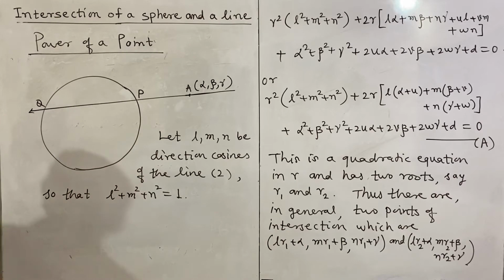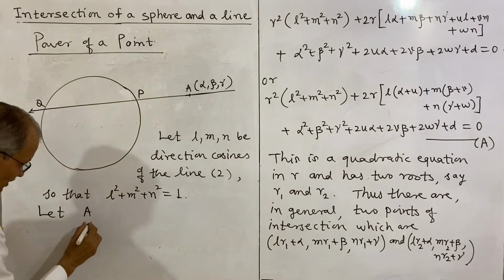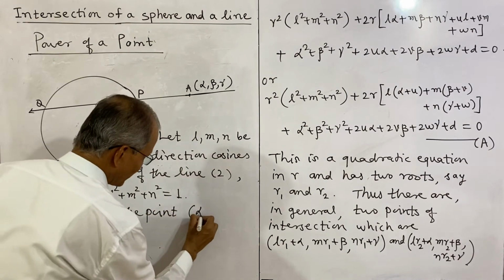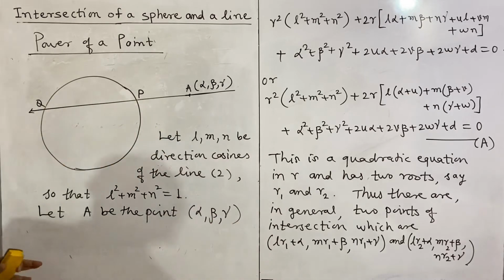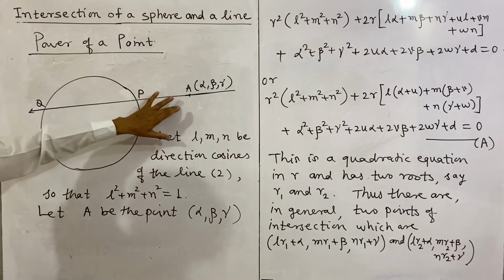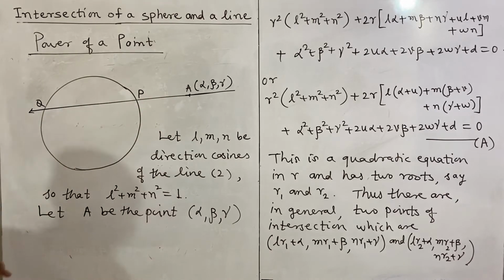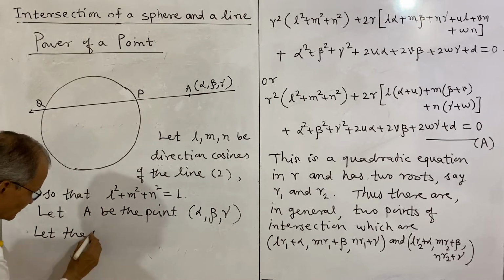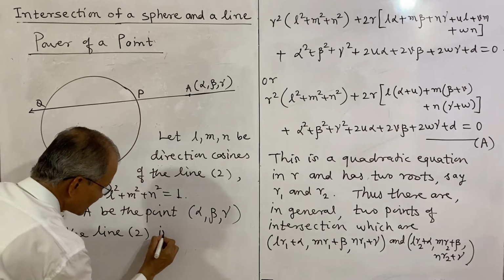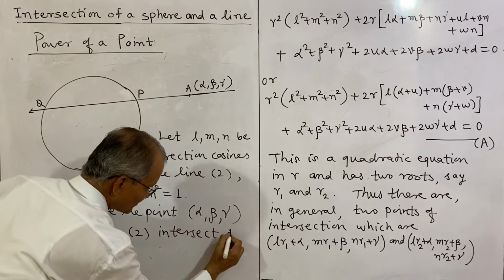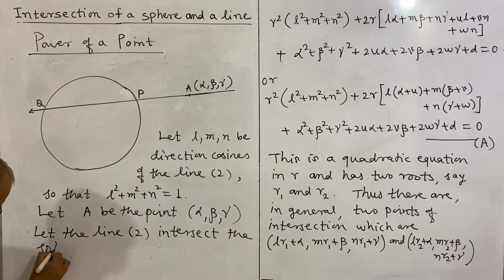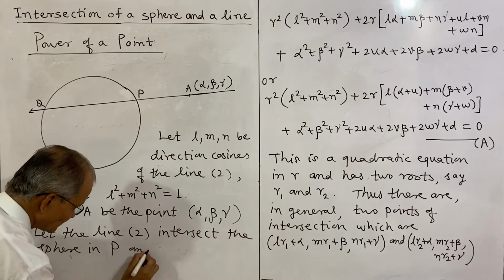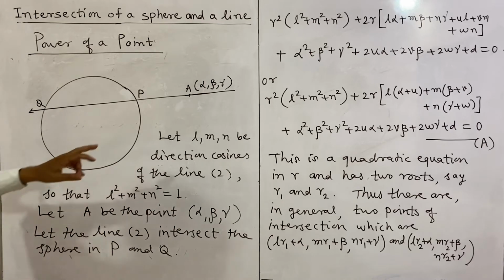Let A be the point alpha, beta, gamma, and let the line passing through A intersect the sphere, that is sphere 1, in points P and Q. Then what is AP?